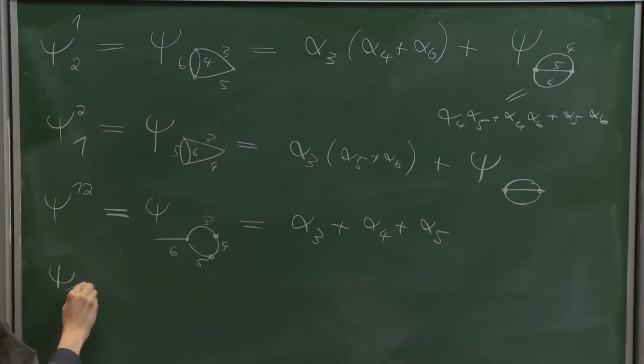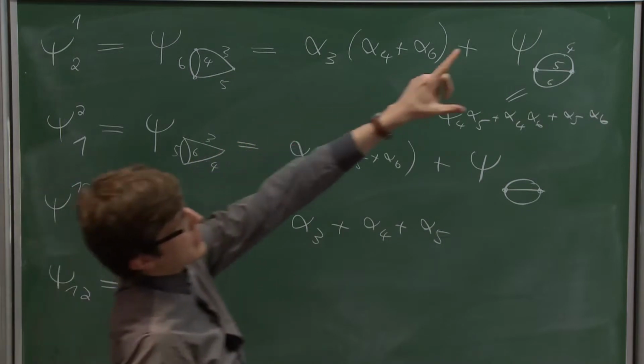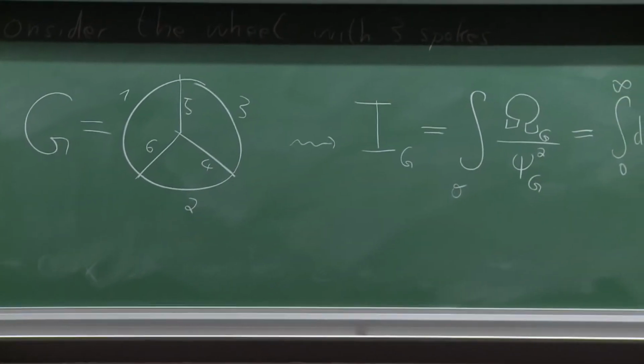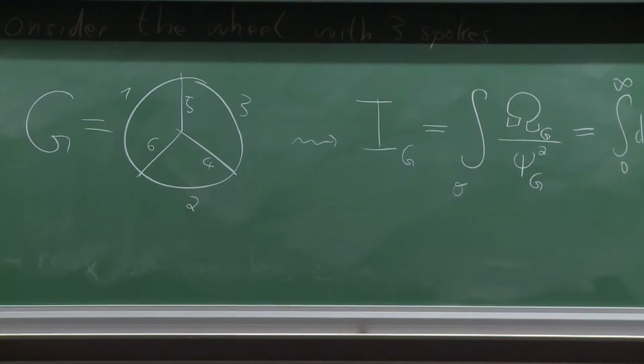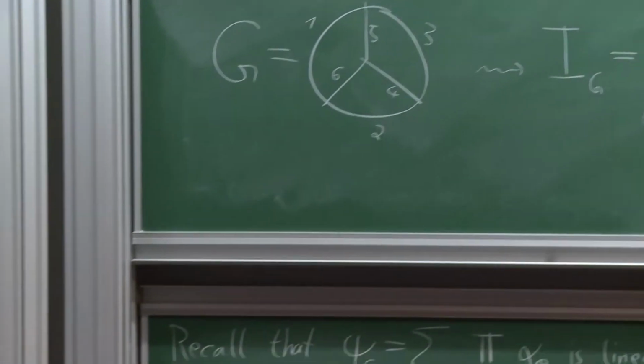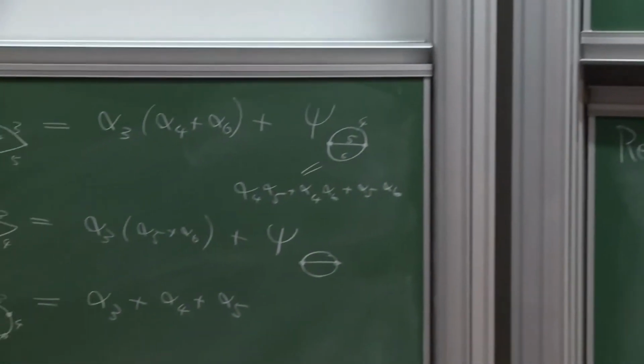Then the last guy is the one where we set alpha 1 and 2 to 0. So we contract both edges alpha 1 and alpha 2, which means that both endpoints of edge 3 are now connected, because we contracted 1 and 2. This looks a little bit odd. So we have this vertex where now edge 3 is like a self-loop.